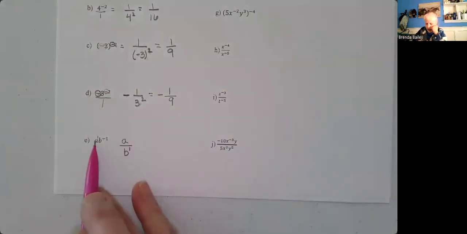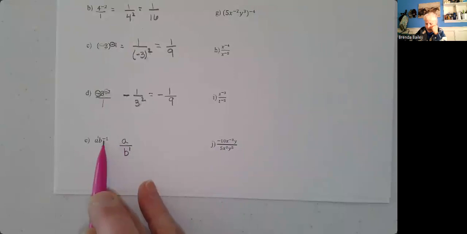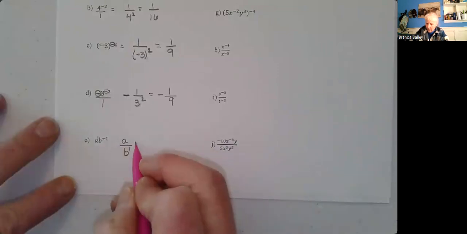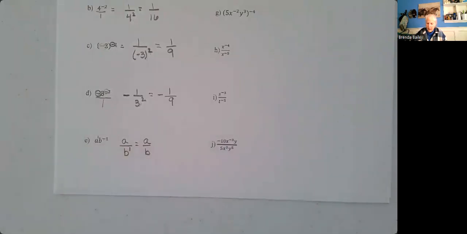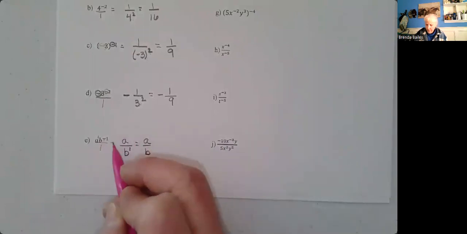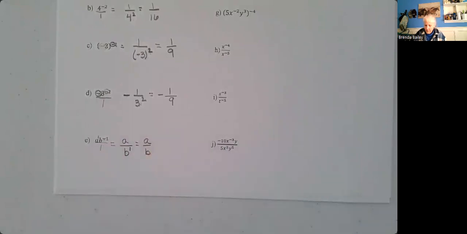The A stays, but the B comes underneath. And again, we don't write it with that B to the first. I just wanted you to realize that to make the negative a positive, you change the position, it comes down to the denominator. And then you've got that positive exponent now. That's how you get rid of a negative, you change the position. Let's keep going.